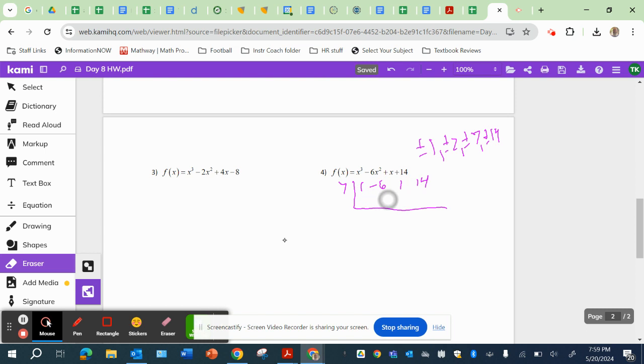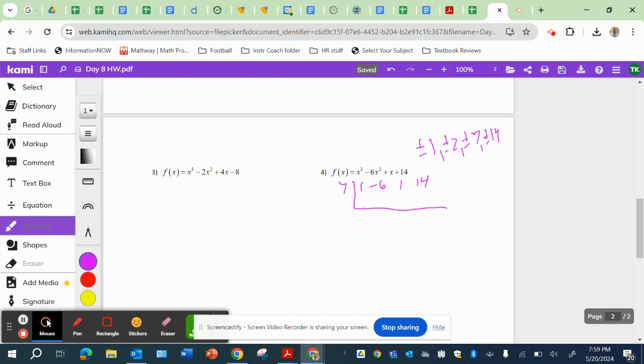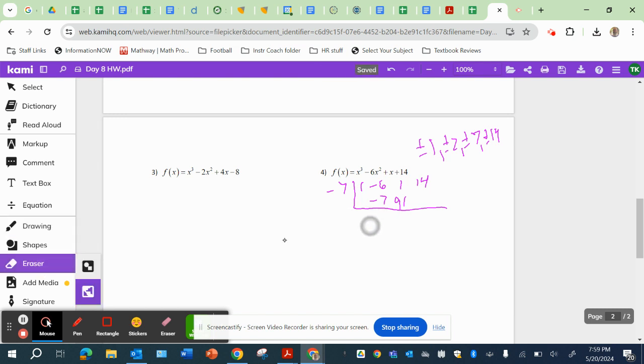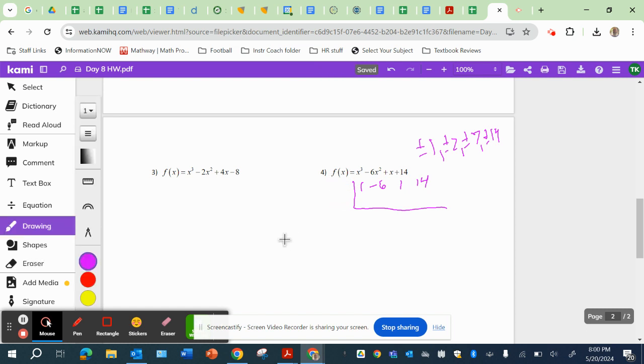This one's dirty. Negative 7. That one's not going to work. Well, we're into 14 and negative 14, unless I made a mistake. Doesn't work.